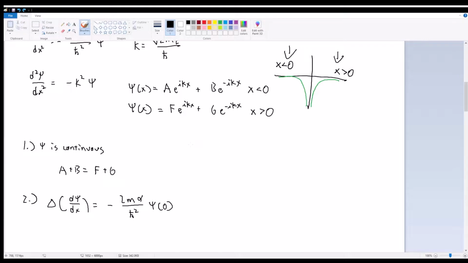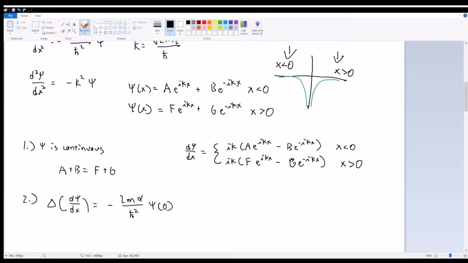If we do that, d psi by dx is also going to be piecewise. It's going to be ik times (A e to the ikx minus B e to the negative ikx) when x is less than 0, and ik times (F e to the ikx minus G e to the negative ikx) when x is greater than 0.